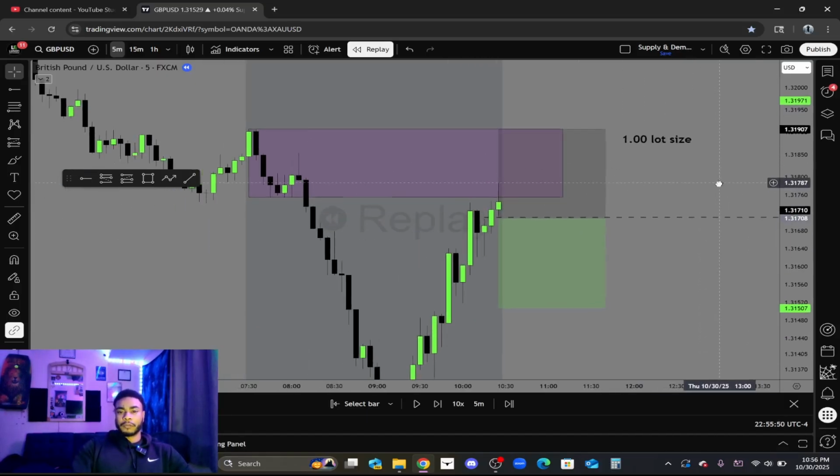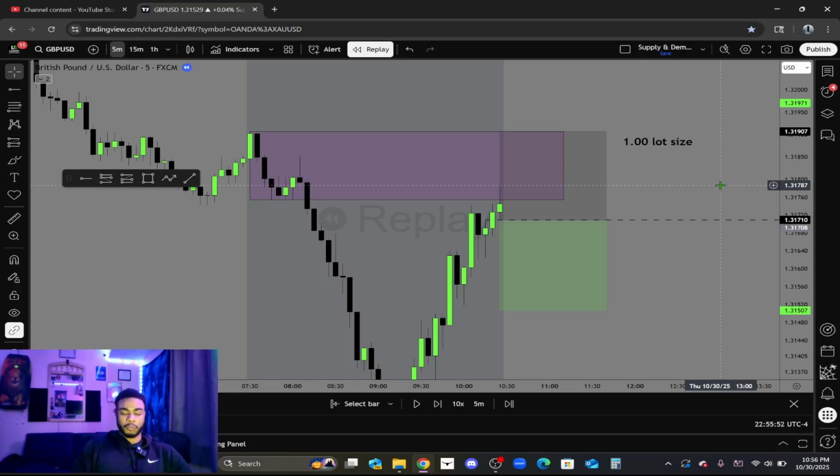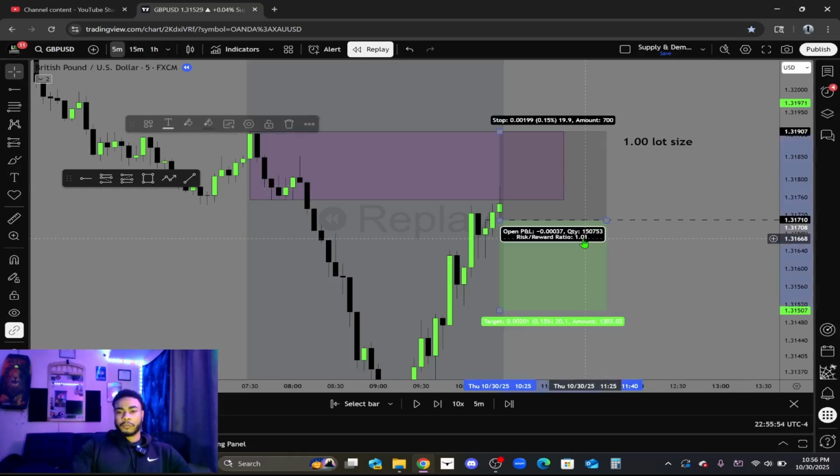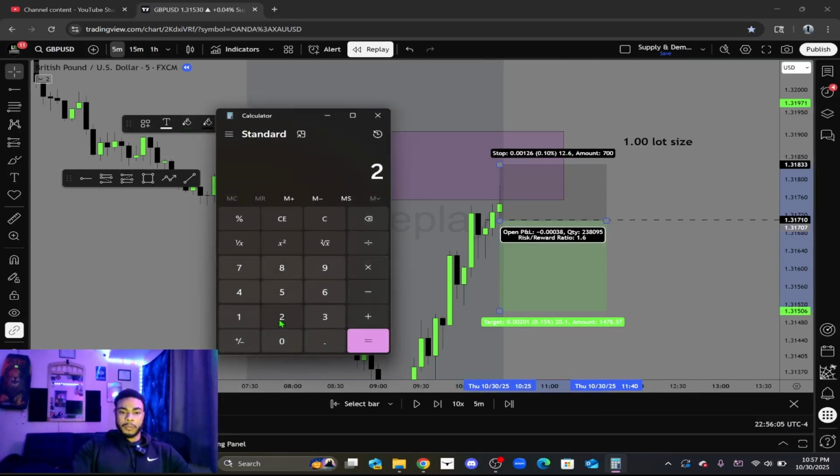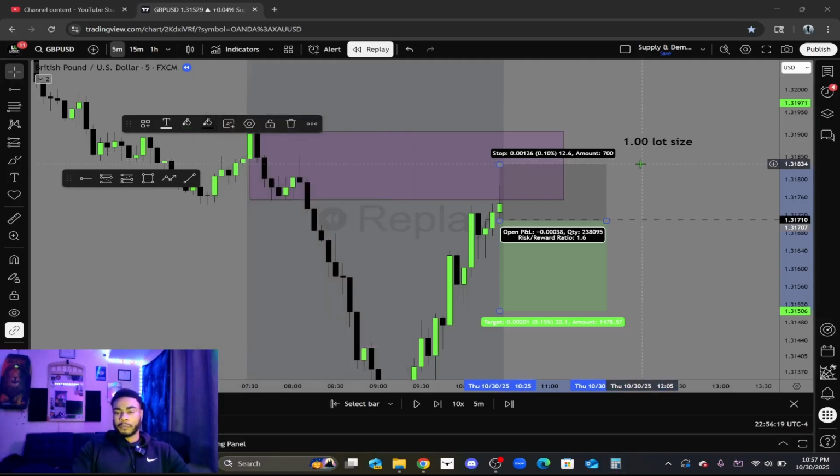I usually just do it through my phone, very quick. I set this up, boom, I see how many pips I'm risking or where I want to place my stop loss to see how many pips I'm risking, and then I go to the calculator, take how much I'm risking divided by the amount of pips, and that gives me my lot size. If I'm risking $200 with a 12 pip stop loss, that's going to be $16.60 per point.